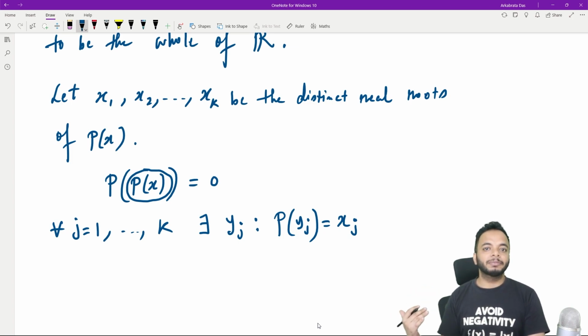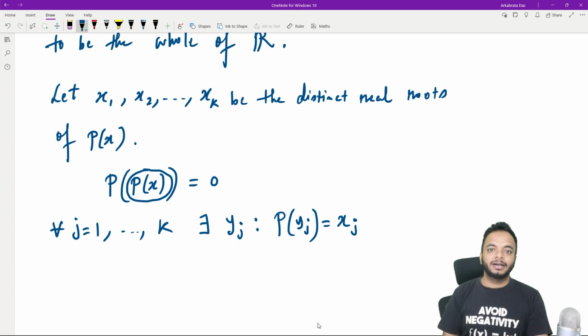And all these points will be distinct because it's a function. You can't have, for example, for y1 the polynomial taking two values, some xi and xj. It can't happen because it's a function.